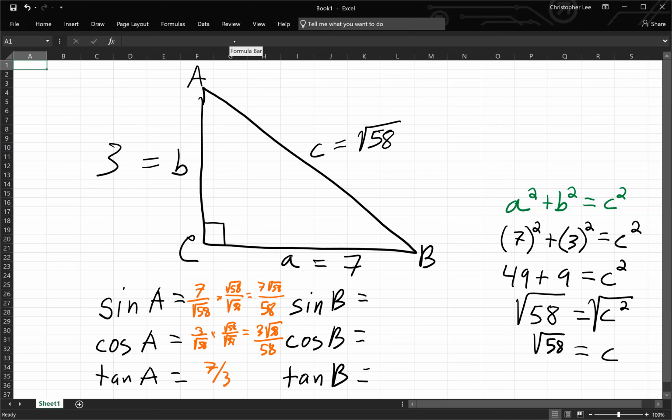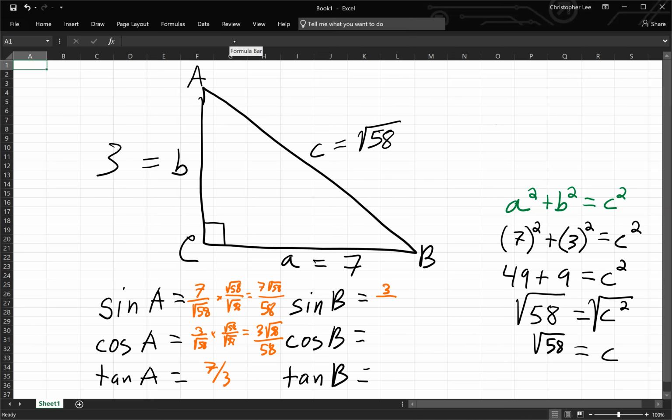Right? What about sine of B? Nope. 3 over square root 58.